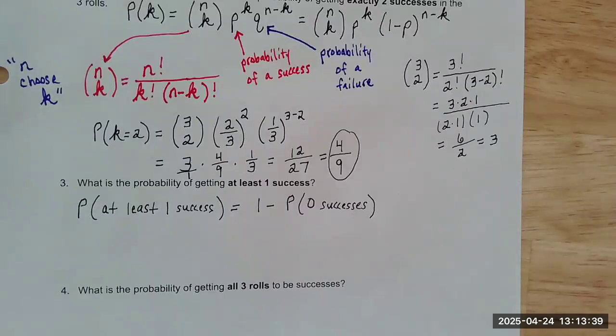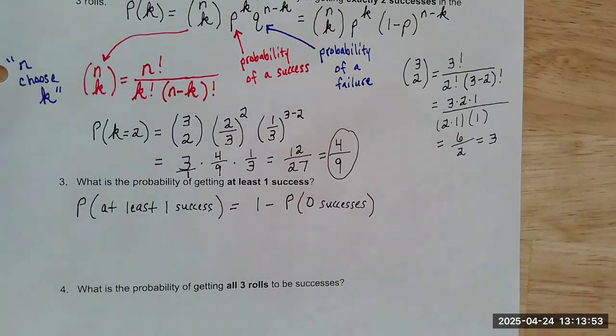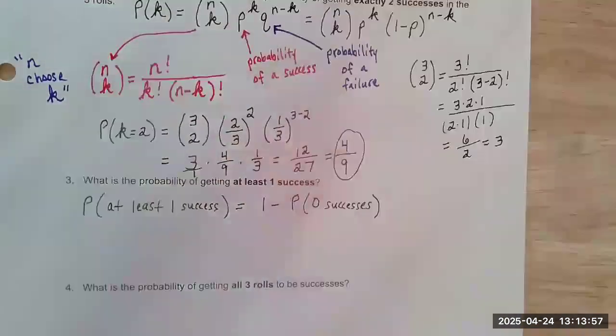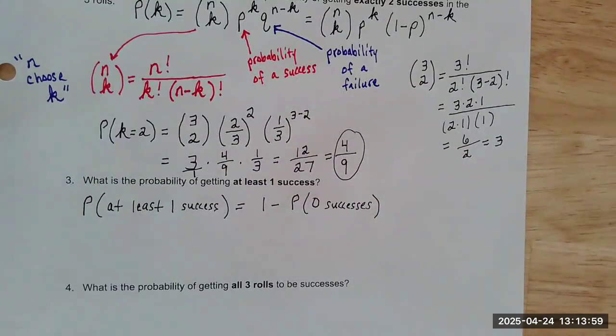Because at least 1 means I could get 1 or 2 or 3. If I want to do it that way, I have to calculate the probability of getting exactly 1. I have to calculate the probability of getting exactly 2, which I already did that one. We got 4/9 when we did that. I'd have to also do the probability of getting exactly 3. So we would have to use this formula 3 times, and then we would have to add those things up.